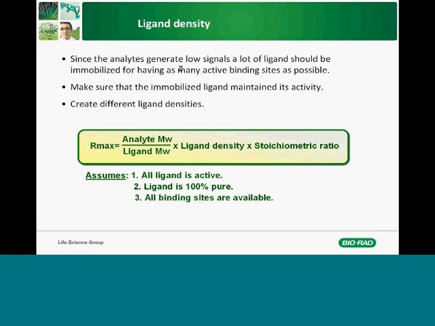And you can predict what the signal level would be for injecting your analyte, because if you know the molecular weight of the ligand and the analyte, and you know how much you immobilized, you can make a rational guess of what your signal would be, described by this simple equation.